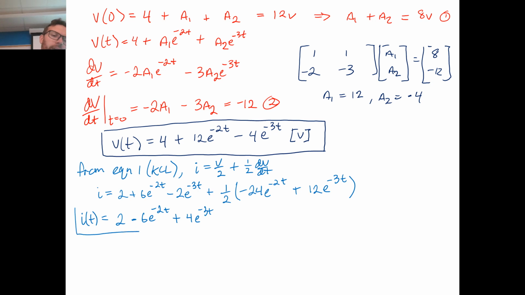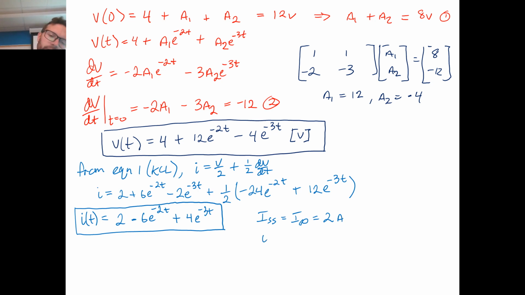Okay? You'll notice that has the steady state value in it, right? It has the steady state value of 2, so we know that I steady state is equal to I at infinity, which is equal to 2 amps.